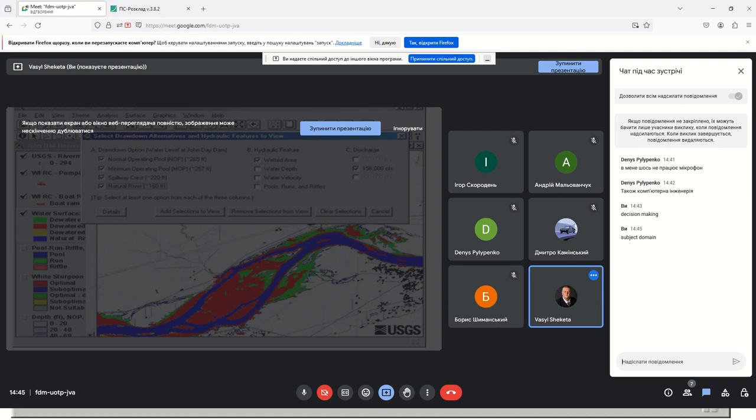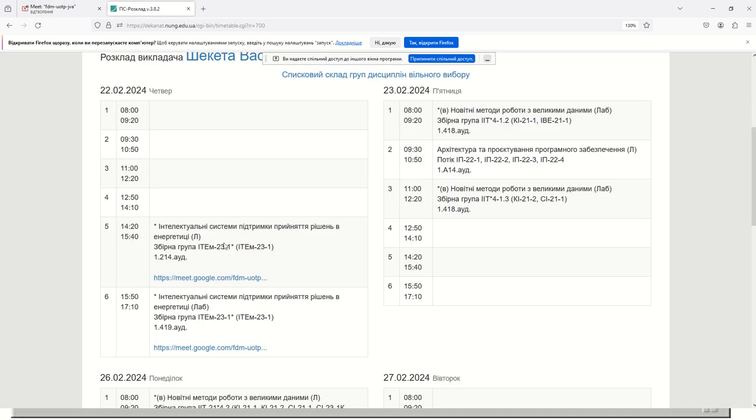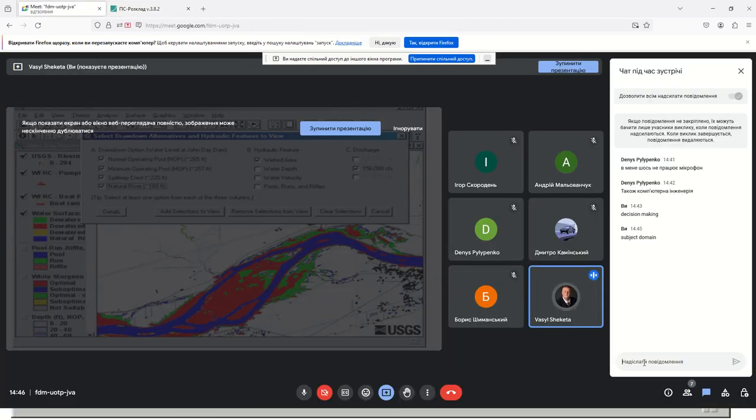What does it mean? It means that in this area of intelligible DSS, we have some eligible DSS, decision support system.